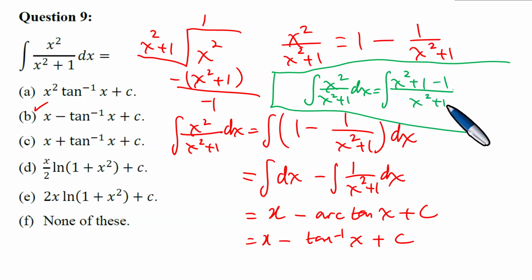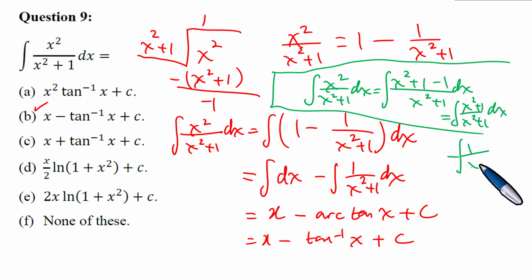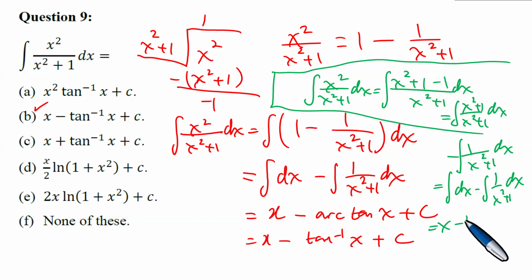Then we have x squared plus 1 over x squared plus 1 dx minus 1 over x squared plus 1 dx. And therefore this is the integral of 1 dx minus the integral of 1 over x squared plus 1 dx, which gives x minus arctan x plus c.